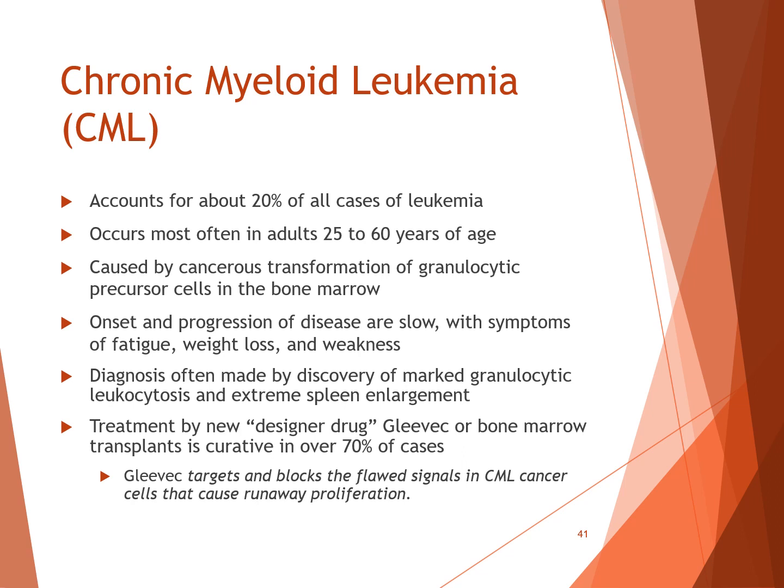Now, in 70% of the cases, bone marrow transplants can cure this type of leukemia, and there is also a drug that has been invented that has advanced the treatments of chronic myeloid leukemia as well.